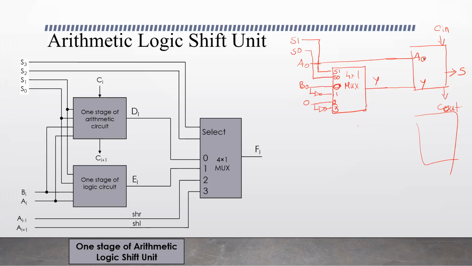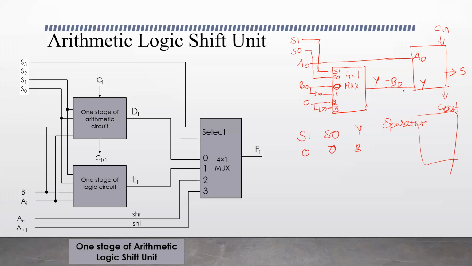A naught is the first input. What are the operations performed? That depends on S1 and S0, correct? If S0 and S1 are both 0, the multiplexer input that gets selected is B, so the output Y will be B. The operation performed would be A naught plus B naught.